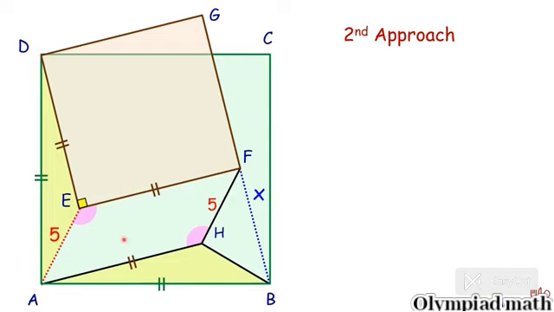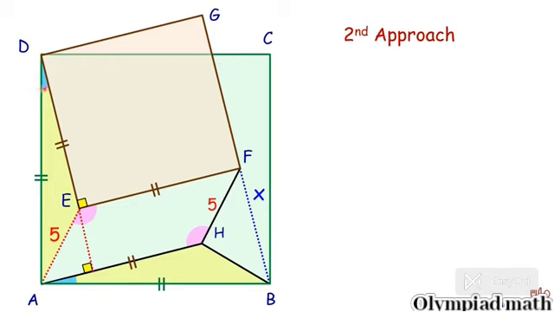Now these two sides are equal, so if we can prove that these included angles are also equal, then by SAS the triangles will be congruent. So for that I am extending DE to meet AH. Now this angle is 90, the lines are parallel, and thus by corresponding angles, this angle will also be 90 degrees.